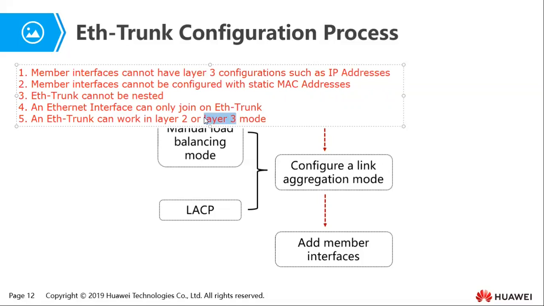Now, the other thing to note about the layer 2 and layer 3 working mode is that the working modes on the different ends can be different. That is, you can configure a layer 2 trunk on one end of the connection and configure a layer 3 trunk on the other end of the connection. So I hope you also remember that.